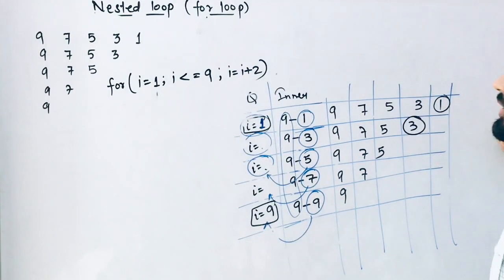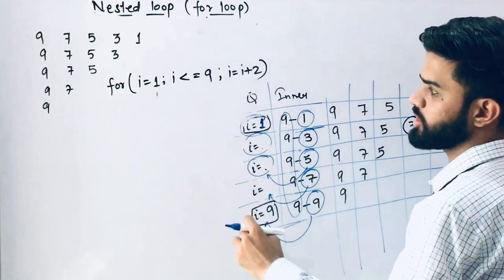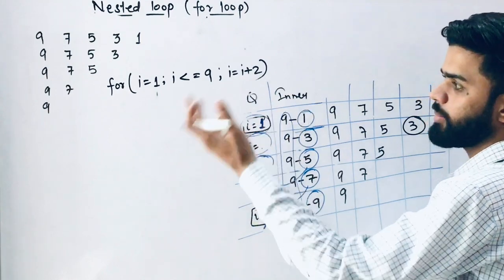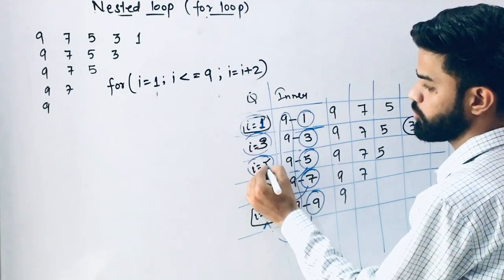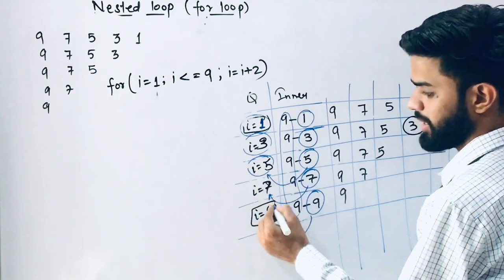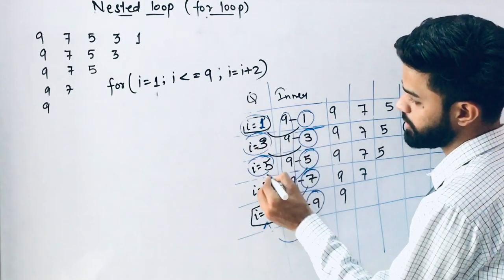Now see, the first time I equals to 1, check the condition, the condition is true, it comes here, is incremented by 2, and then 3, then 5, then 7, and then 9. Now we are able to see that there is a solid relation between both.